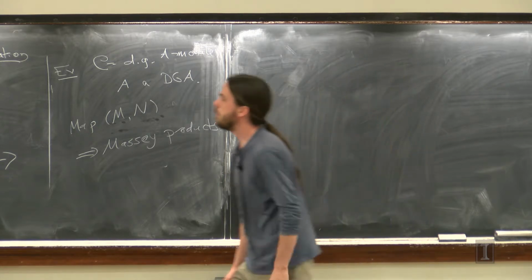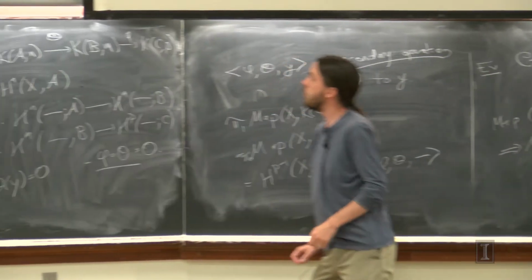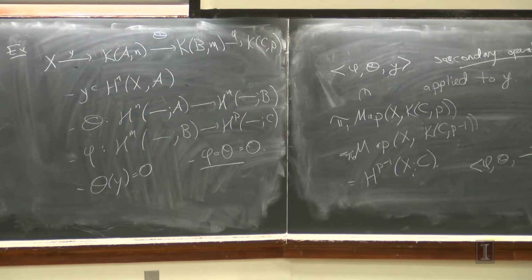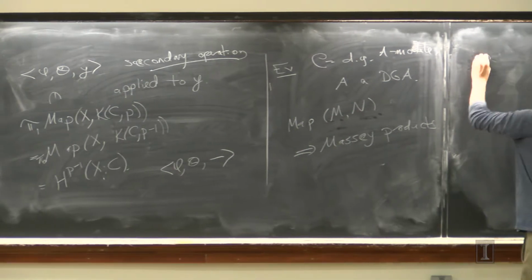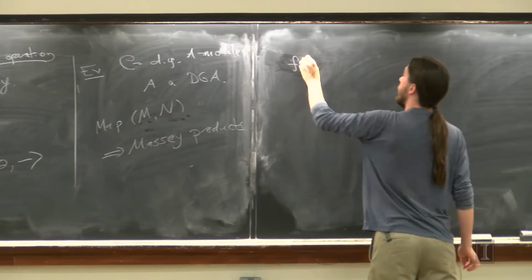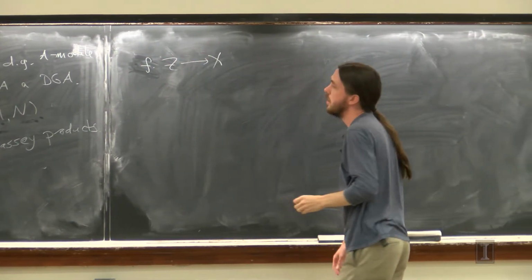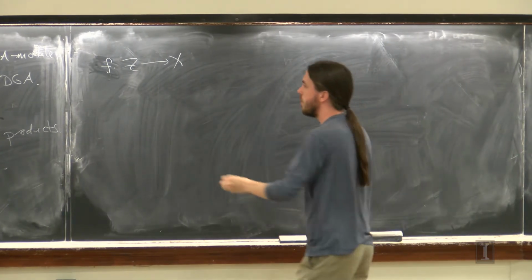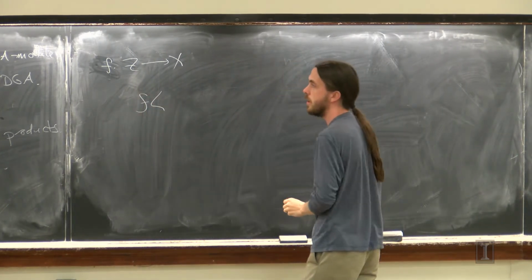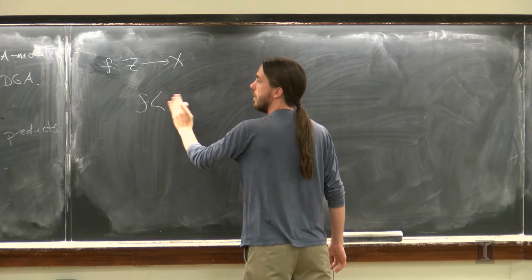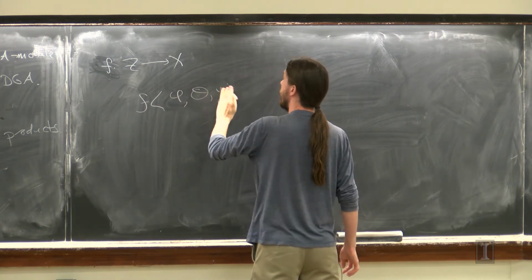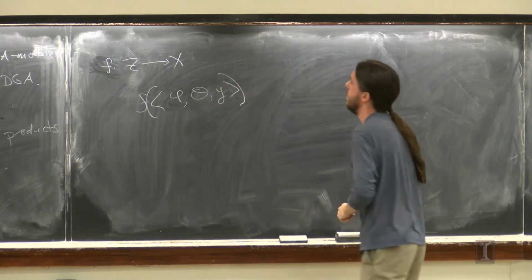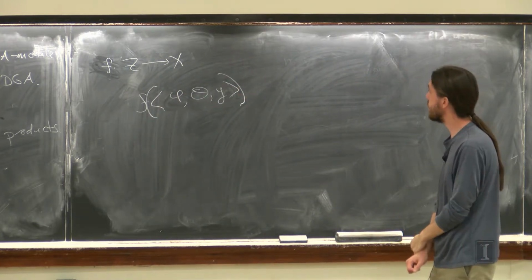So for example, I'd like to talk then about one of the juggling formulas that I wrote down over there. Let's say we now have a map F from another space Z to the space X. Then we could apply the juggling formula F applied to phi theta y, thought of as applied to this subset.